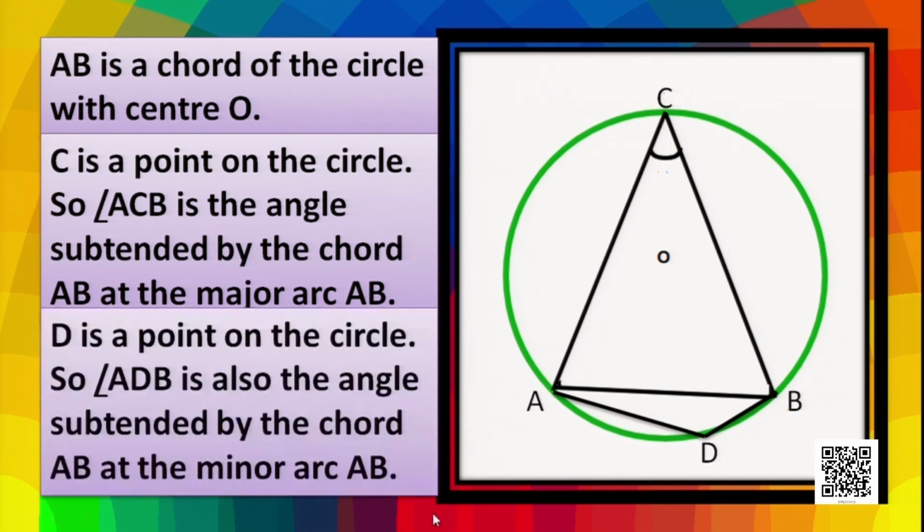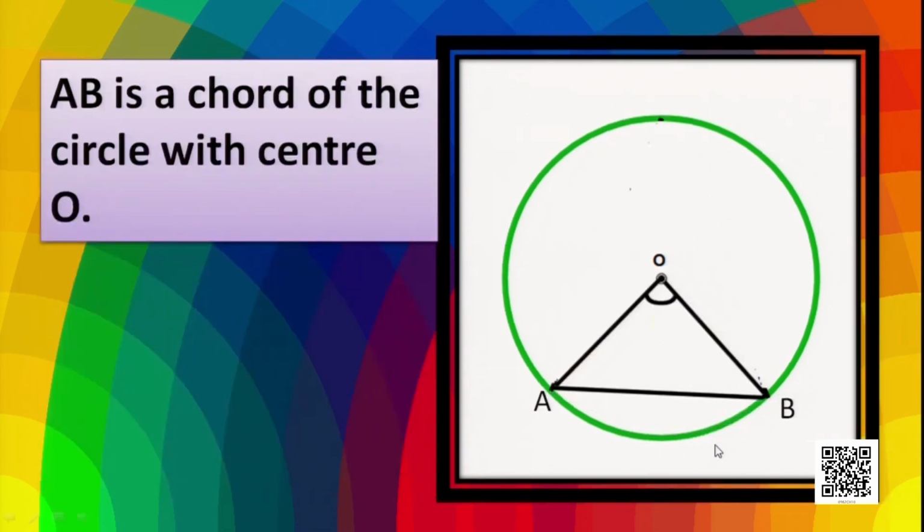Similarly, if we consider the point D on the circle, angle ADB is also the angle subtended by the chord AB, but in this case it is at the minor arc AB.